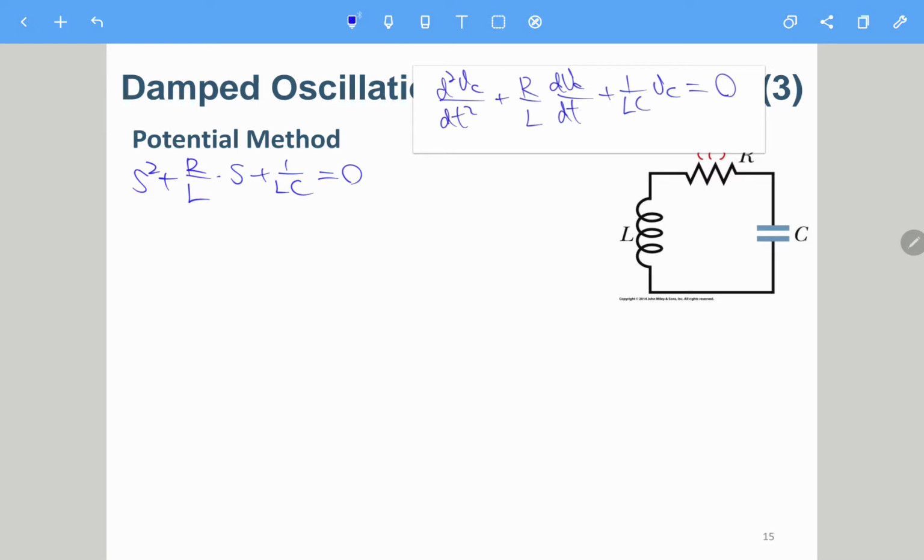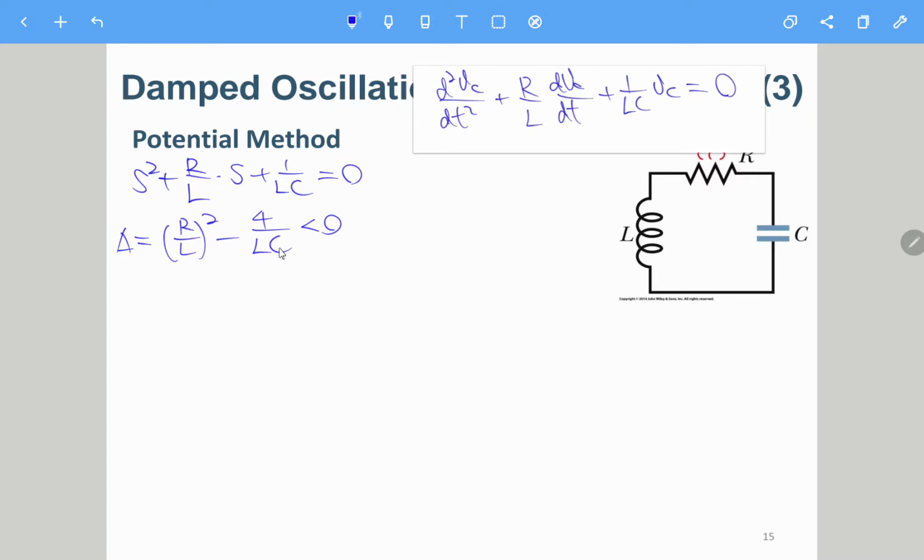Okay, so actually we need to consider the delta, which is b squared minus 4ac, which is (R over L) quantity squared minus 4 over LC. And we would expect this one to be smaller than 0 for a sinusoidal oscillation, although it is a damped oscillation.